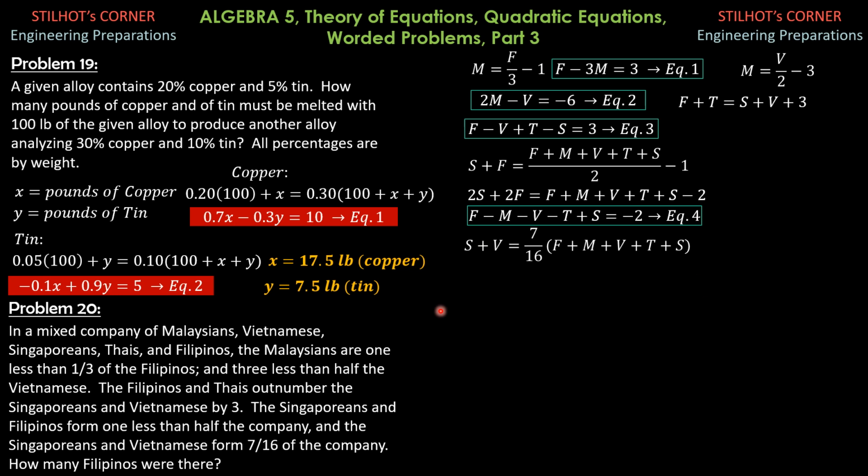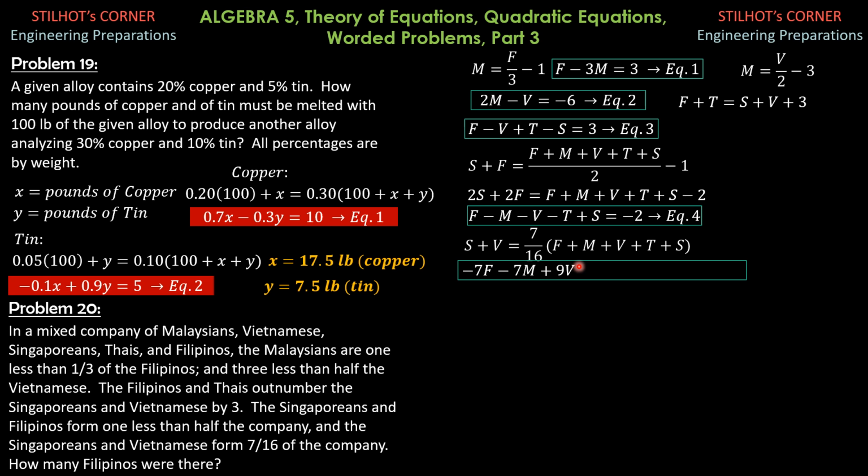Cross multiply, we have 16S plus 16V equals 7F plus 7M plus 7V plus 7T plus 7S. Simplifying and transposing to the left: negative 7F, negative 7M, plus 9V, because 16V minus 7V is 9V, then minus 7T, then plus 9S, because 16S minus 7S is 9S, equals 0.